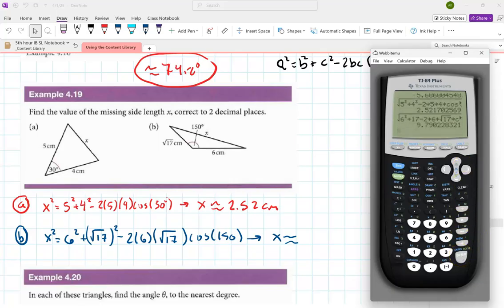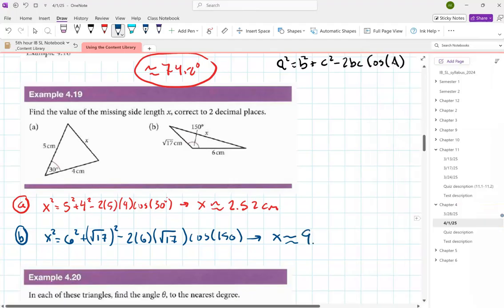So I get 979. How do you guys feel there, okay?